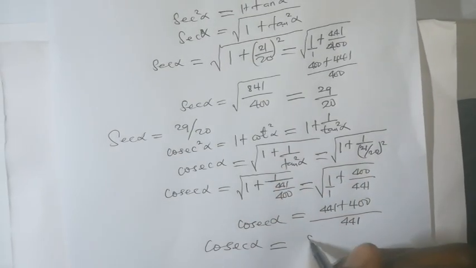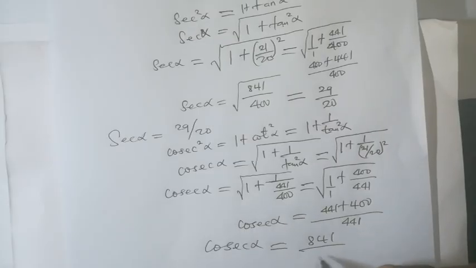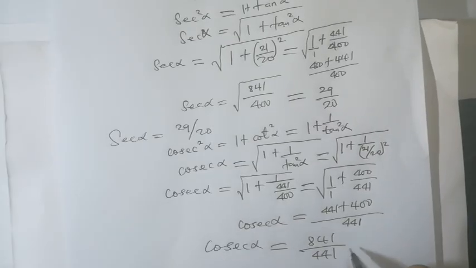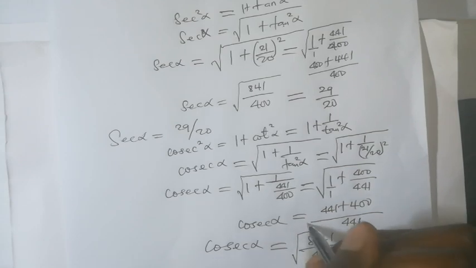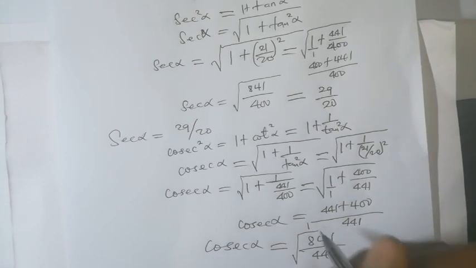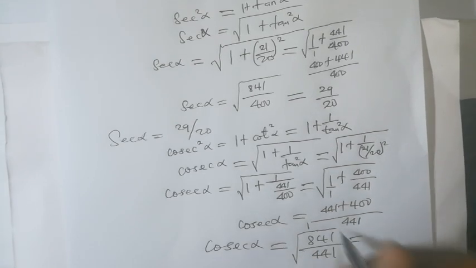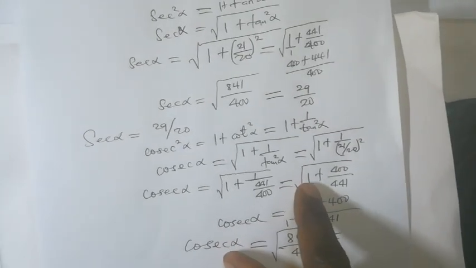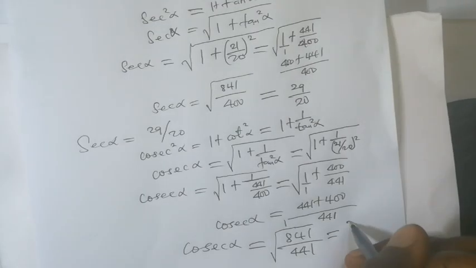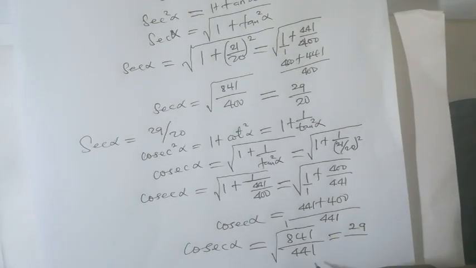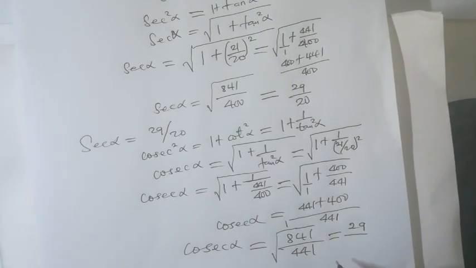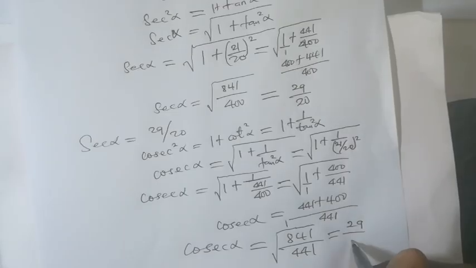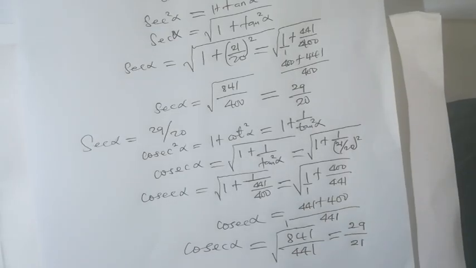So our cosec alpha is the square root of 841 over 441. The square root of 841 gives us 29, and the square root of 441 gives us 21.